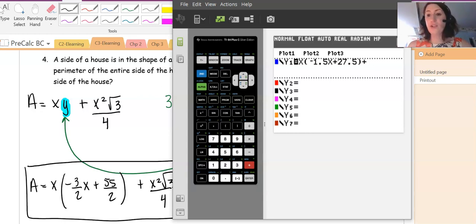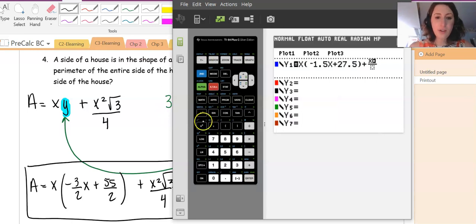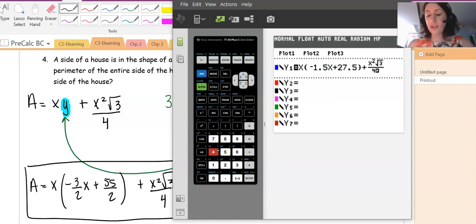It makes a fraction bar on your y equals. You go alpha y equals enter, and what that allows you to do is go ahead and type in a fraction more easily. This is going to be really helpful in this chapter.